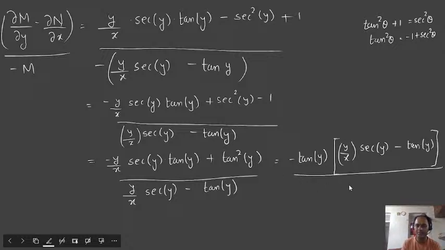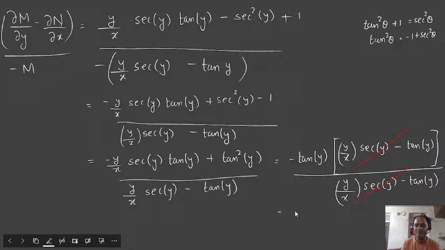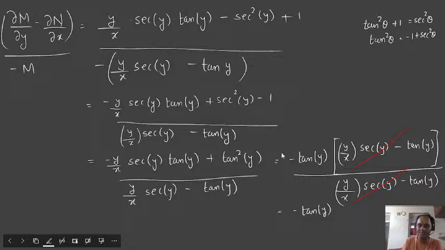In the denominator, y by x sec y minus tan y. So this is getting cancelled, and finally we are with a nice answer, which is minus tan y. Let this minus tan y equal g of y, and now we calculate the integrating factor.